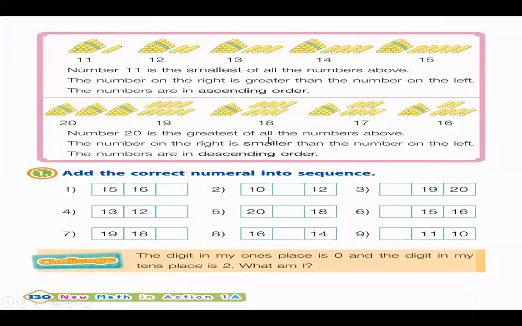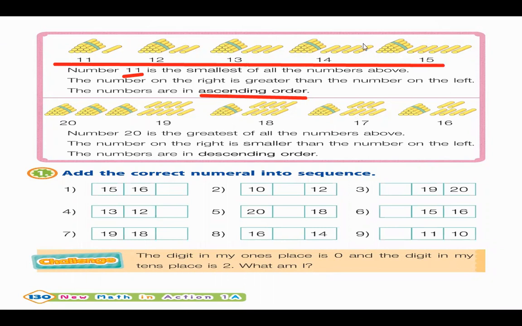Next, let's have another one. We have 11, 12, 13, 14 to 15. Number 11 is the smallest of the numbers above. The number on the right is greater than the number on the left. So these numbers are in ascending order.